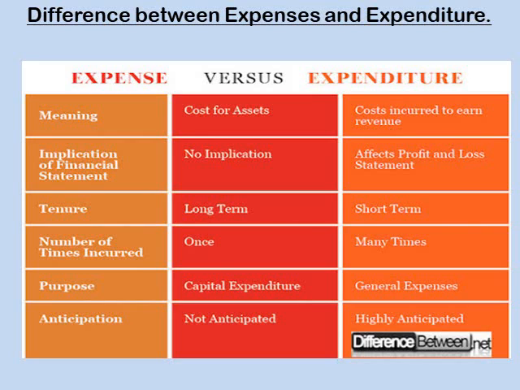On the other hand, expenses is the cost incurred to earn revenue. Now revenue means sale, income on sale, and the cost incurred to earn that income is known as expenses. I give you one example, like carriage outward. When the product is produced, it is sent to the market for sale.